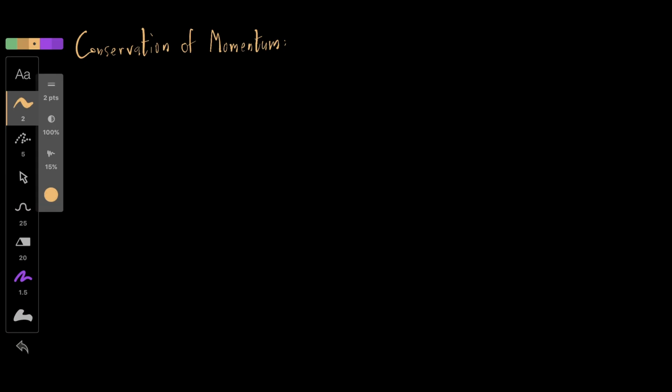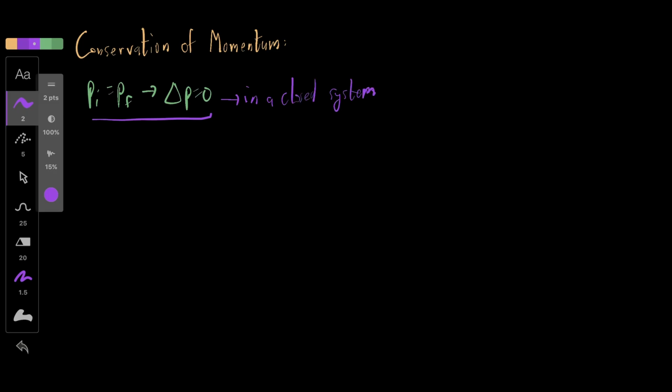Now, this is very similar to conservation of energy, as a conservation of something basically just means that the initial momentum, Pi, is equal to the final momentum, or that the net change in momentum is zero in a closed system. Now, what is momentum?